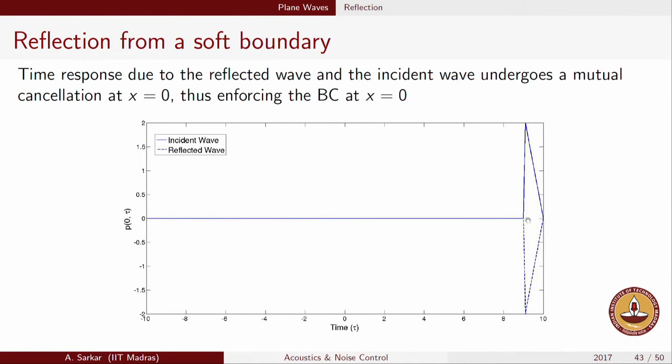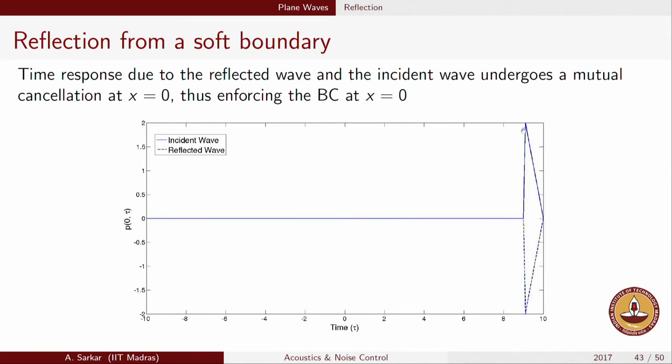So, the incident wave has created a time history which is as shown in this solid line, right. So, what nature would like to do now in order to enforce the boundary condition at x equals to 0, the condition pressure equals to 0 can be maintained only if there is another wave that is created, and that wave must have a corresponding time history which is exactly the opposite of the time history that is created by the incident wave.